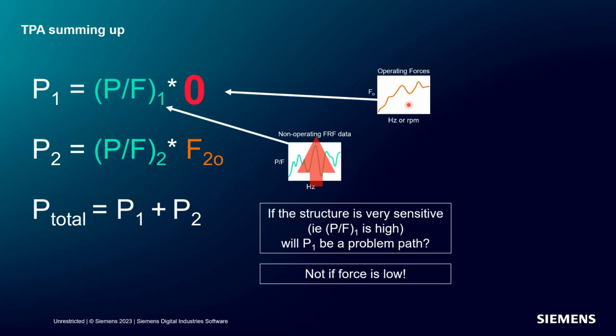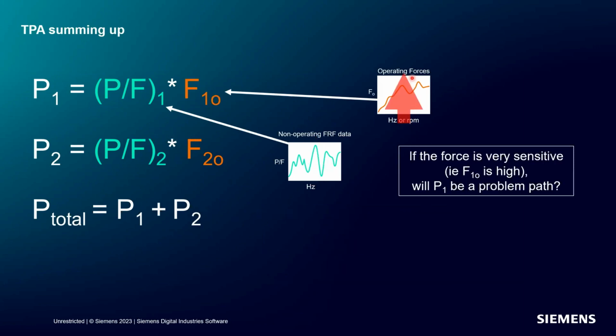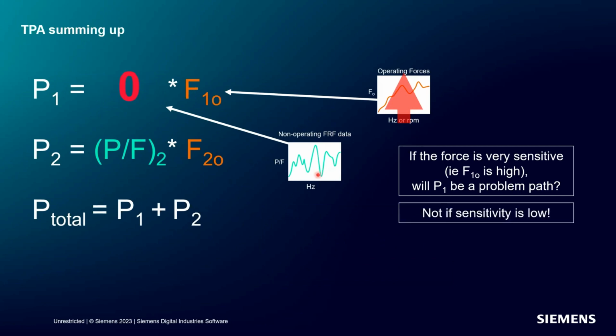If the force coming in at this location was 0, this could be very sensitive, generating tons of sound for very little force. But if the force is 0, it's not going to pass that along and create a problem. Thus, P1 would not be the problem path. The opposite is true too. We could have very high forces, but if the FRF is not sensitive, those forces don't get passed along into the path and thus don't contribute much to the total.